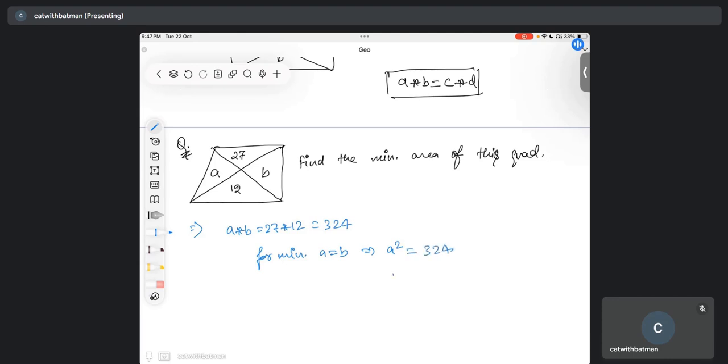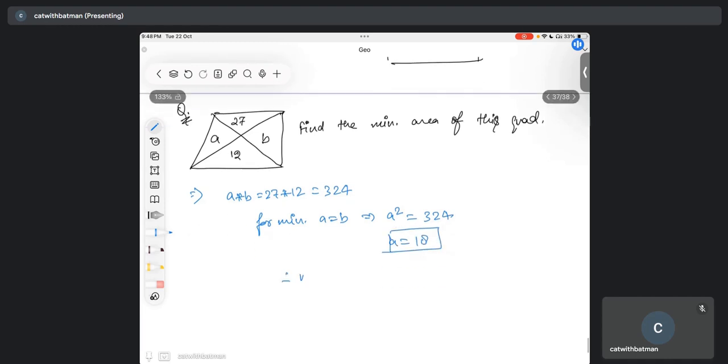This will be equal to 324. So A will be 18, taking root on both sides. So the minimum area will be 18 plus 18, that is A plus B, then 27 plus 12, so this makes it 39, 36 plus 39, which is 75. And that is your answer.